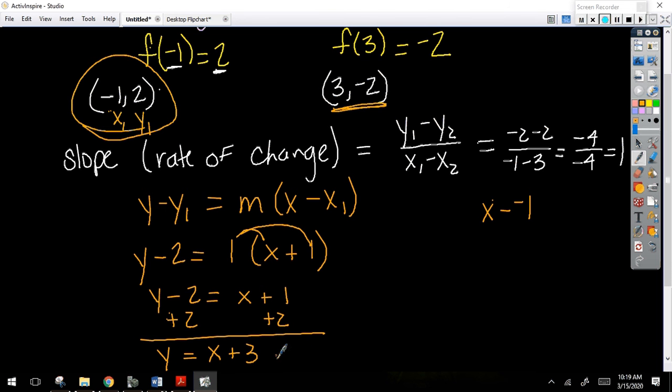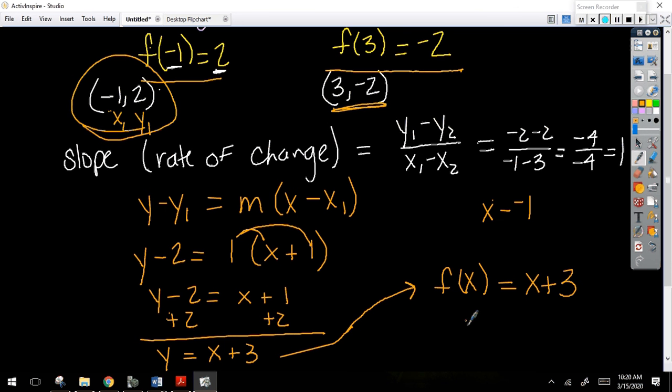Because this is a function and a polynomial, I am going to write this in the form of f of x equals x plus 3. So essentially this is exactly the same thing that I've done before. The only difference here really is the way that the points are given to me, and then I want to put it back in this f of x form.